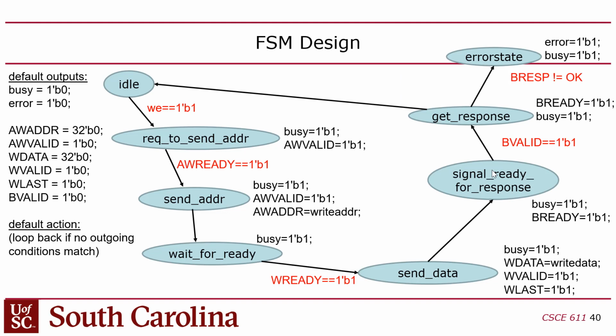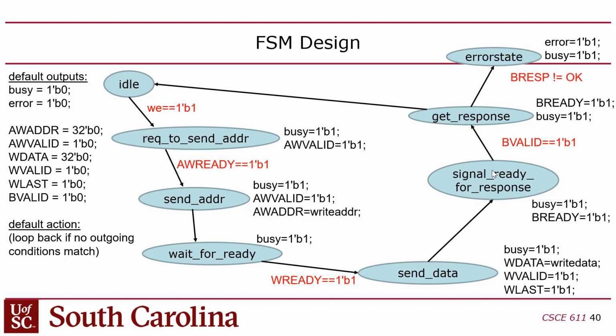So this is my state machine for this. I have 1, 2, 3, 4, 5, 6, 7, 8 states. There's an idle state that's also my start state. That's basically whenever nothing's going on. And notice that in idle, I'm assuming that I've got default output. So the busy output and the error output are just 0.